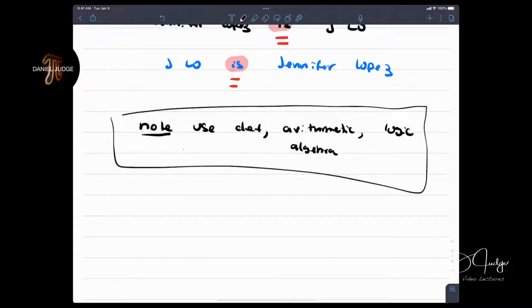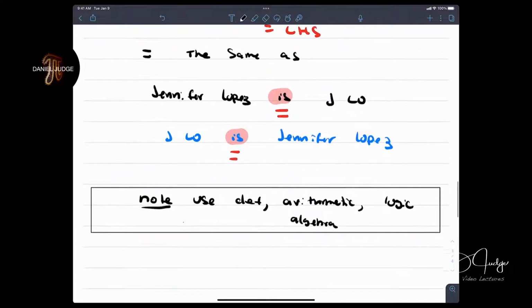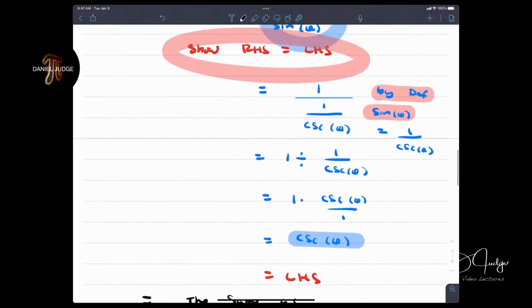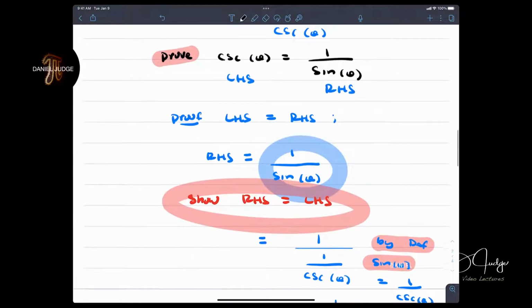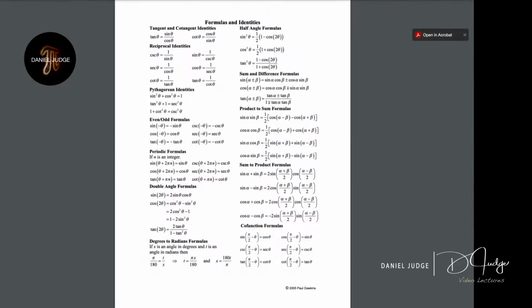So I want you guys to write this down because this is pretty much the key here for working with these proofs in this chapter, starting this chapter. And we showed that cosecant theta is 1 over sine theta. And if I go over to the browser, notice that's the first reciprocal identity, and there's actually 6 of them, and they're all done the same way.